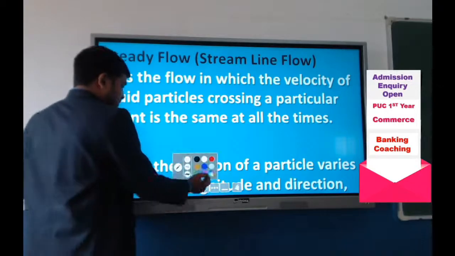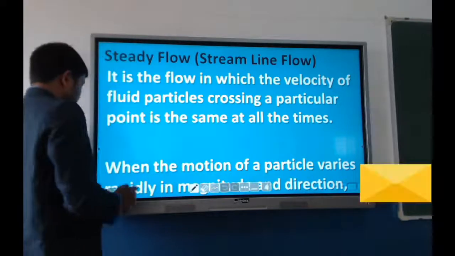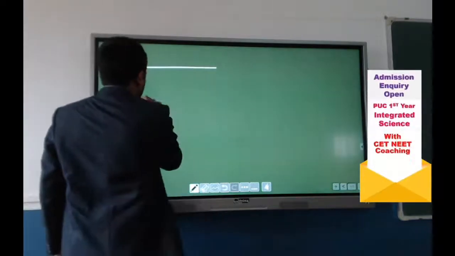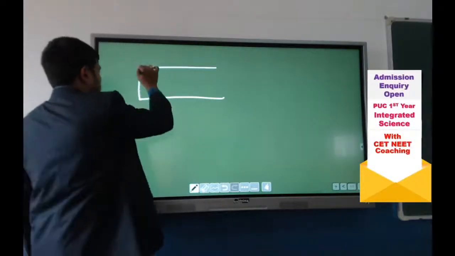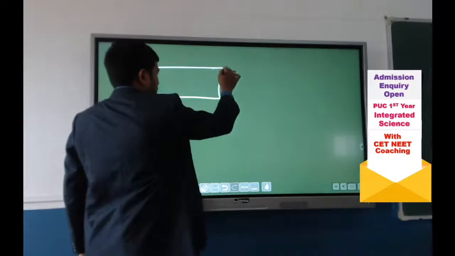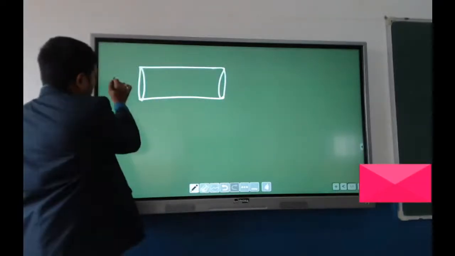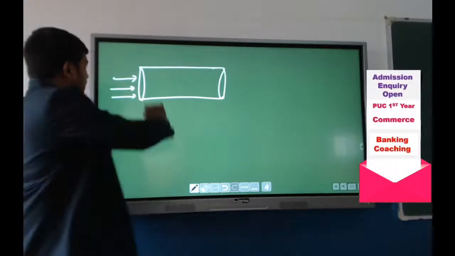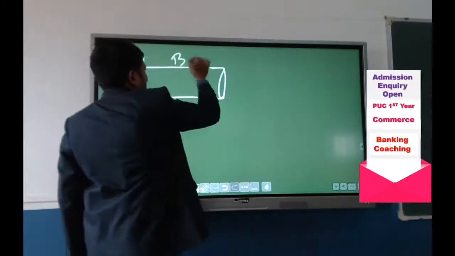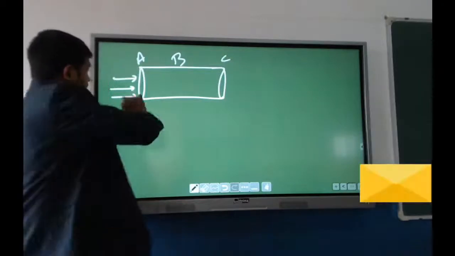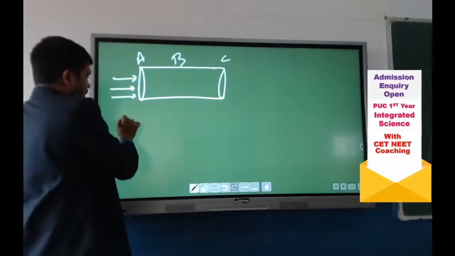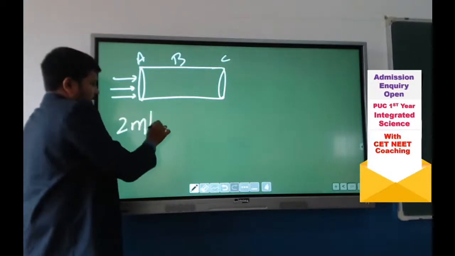One example I will use here. Consider this pipe, in which we are allowing the liquid to flow. This is point A, point B, and point C. The liquid flows from point A to point B at 2 meters per second.